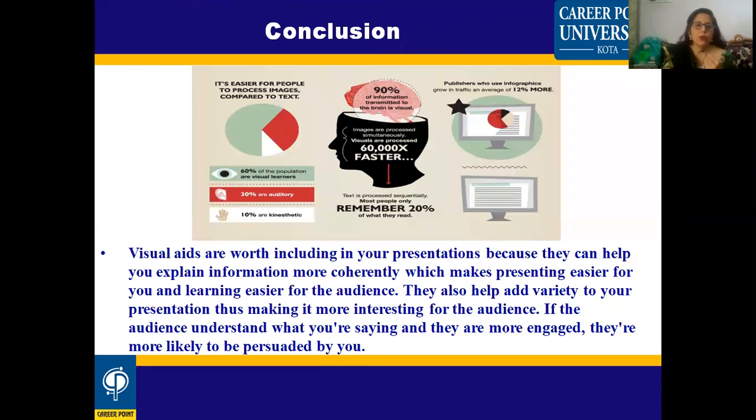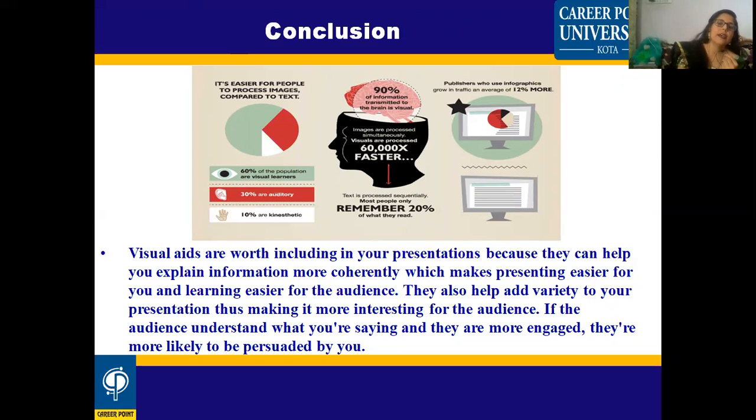At the time of conclusion, we can say that visual aids are really important if we wish to make our presentation an interesting one, and if we wish the message we convey to be received by our audience to the optimum level, then definitely we should use visual aids in our presentation.